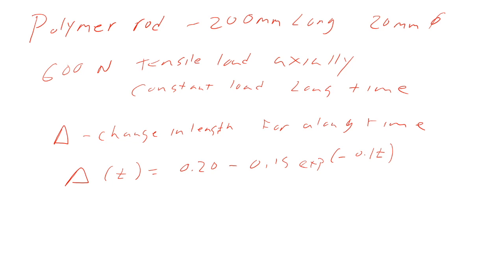That's just, we plotted the data points and then did an exponential curve fit to the data points. So the units here: delta is in millimeters and t is in hours.